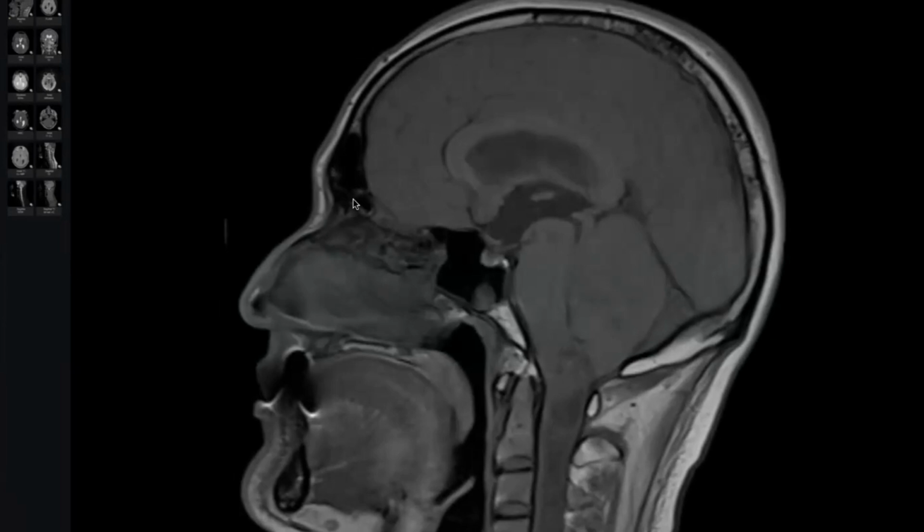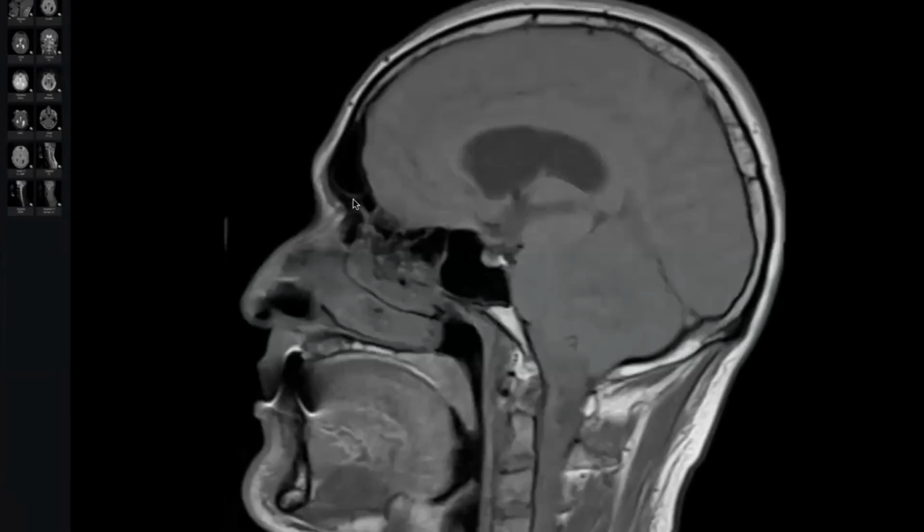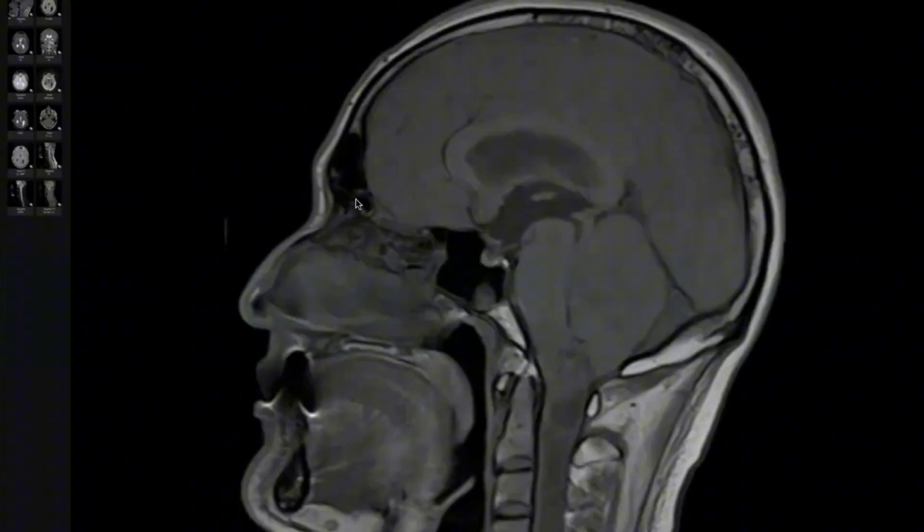So these can be demyelinating lesions, or they can be intramedullary lesions of the cord. But I would like to see other sequences as well.